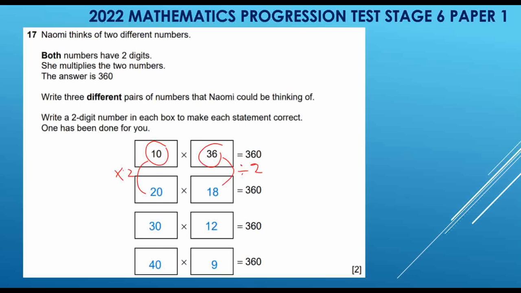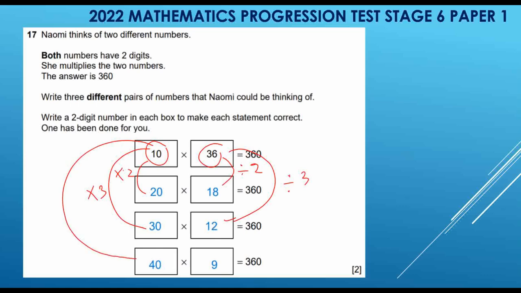So 10 times 2 is 20, 36 divided by 2 is 18. And then if we times this with 3, we get 10 times 3 is 30. So 36 we have to divide by 3. So we get 36 divided by 3 is 12. That's how we got 12. So this is an easy trick.